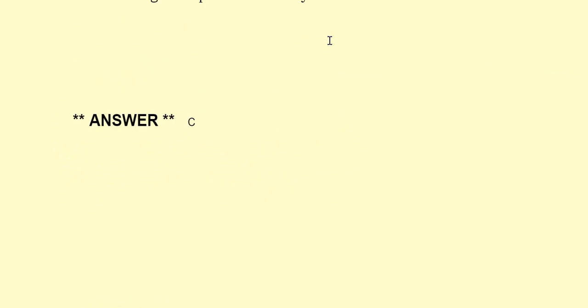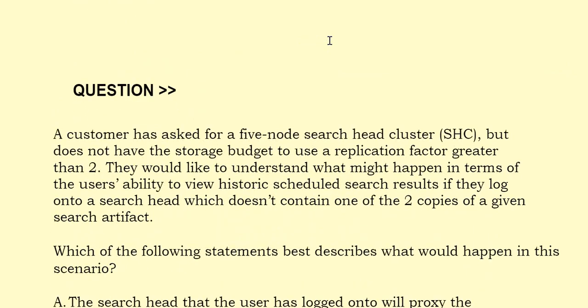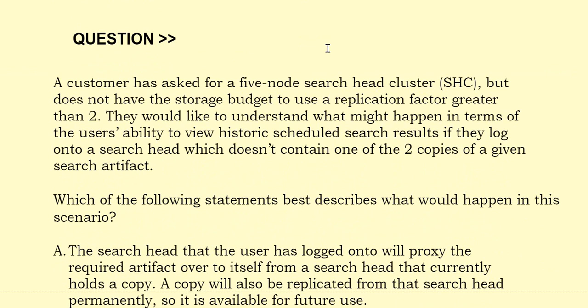The correct answer is option C. Moving towards the next question. The customer has a 5-node search head cluster, SHC, but does not have the storage budget to use a replication factor greater than 2.